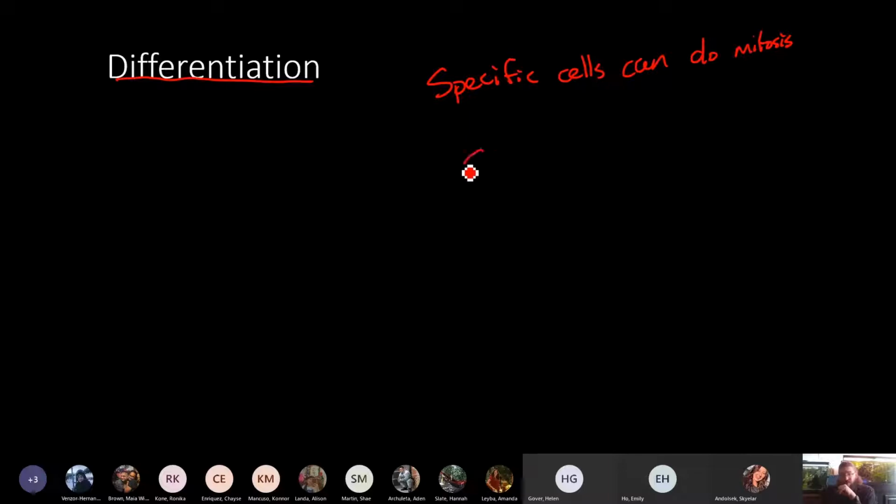So you start with a progenitor cell, a stem cell. A stem cell can do infinite mitosis. Send a start signal to a stem cell, it cranks out a new cell.